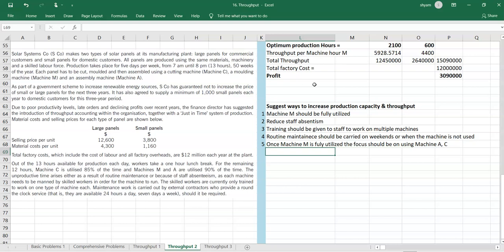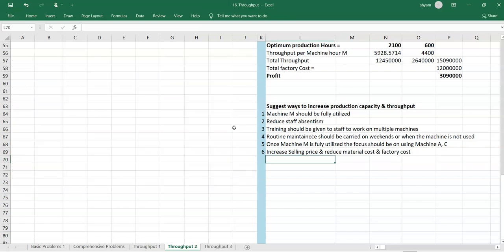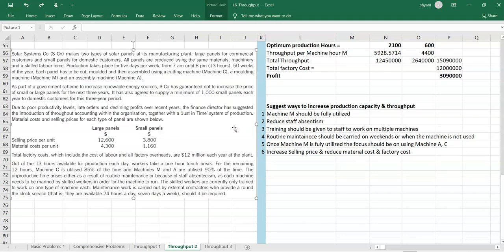So that's how we could increase the production capacity. To increase the throughput, there are several ways. We can say increase the selling price and reduce material cost and factory cost. If you do that, we can automatically increase the throughput also. So that's about the theoretical answer here.